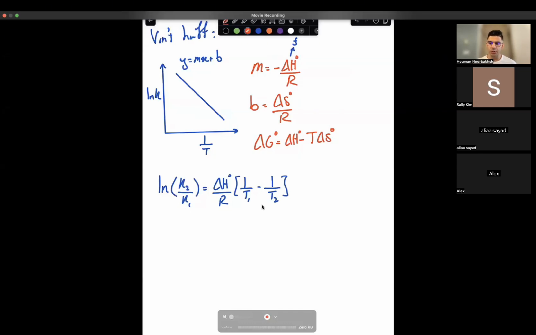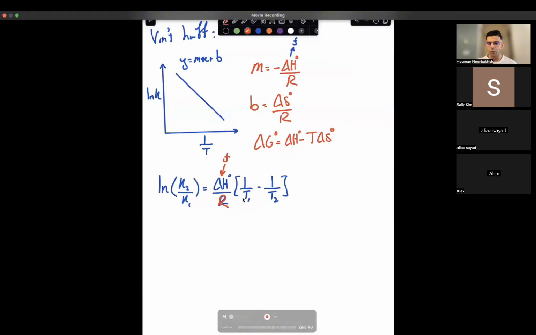As you change the temperature, K changes with it. But enthalpy is not temperature dependent.